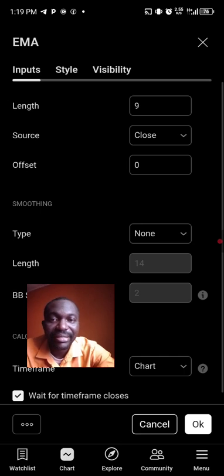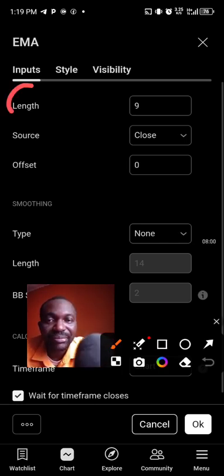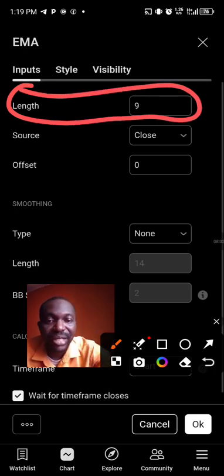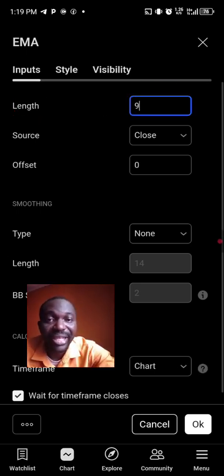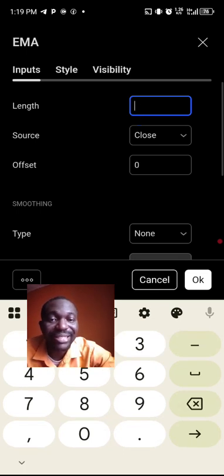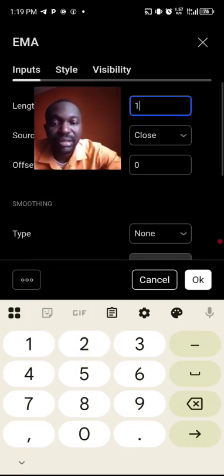Now you see length, source, offset. Source and offset should be left as default, but the one that we are more particular about is this one they call length. That's the one we're going to be changing. We're going to change it to 10 because currently it is measuring 9 candles, but we want it to measure 10 candles. So let's say 10. Okay, and then we press OK.